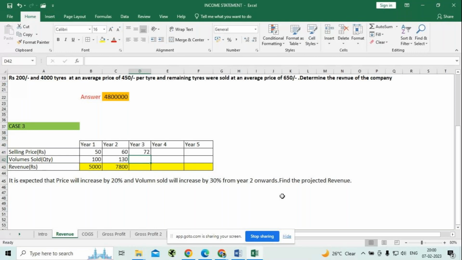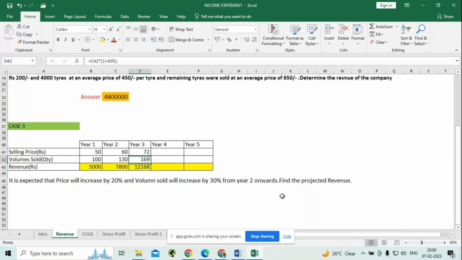Okay, so here it's the same: equals into open the bracket, 1 plus 30%, so that it will keep on increasing with the previous year value, not with the first year only. Okay, so like this you can calculate it.